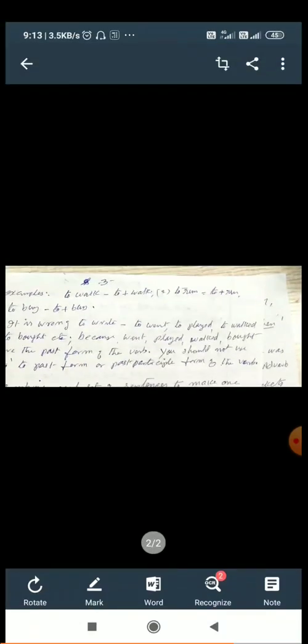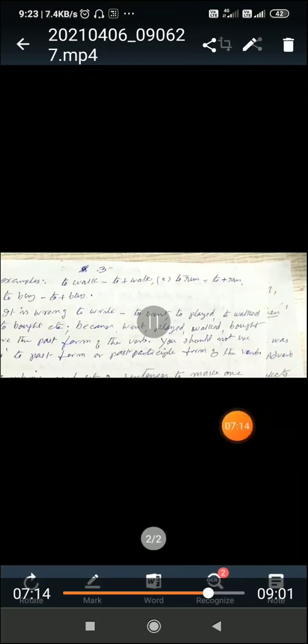So in the coming exam, the question will be: fill in the blanks with correct form of the infinitives with or without to. It is chapter 16. So this is the way to fill in the blanks.